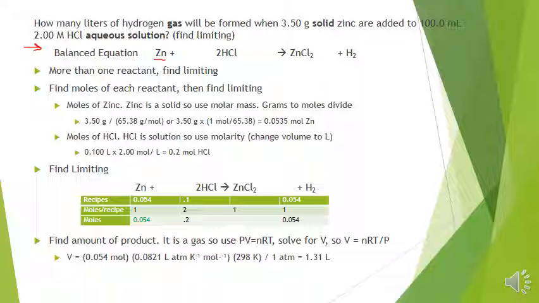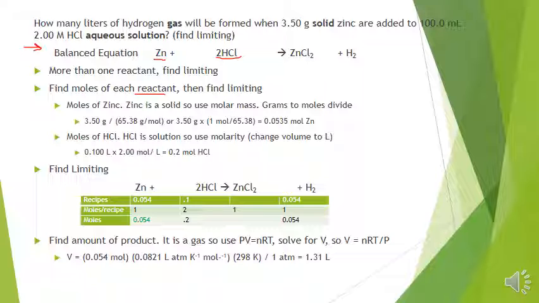We're given more than one reactant, both an amount of zinc and an amount of HCl, so we have to find out which one is limiting. We're going to have to figure out their moles and then plug them into the table to figure out which one's limiting, and then from there we can figure out moles of product and how much product we need.